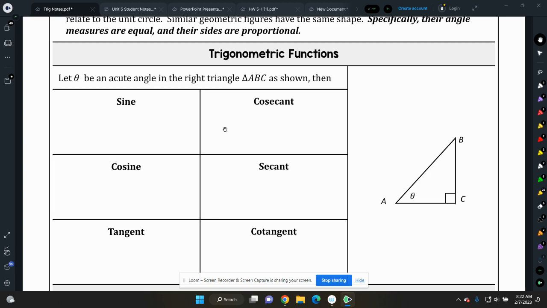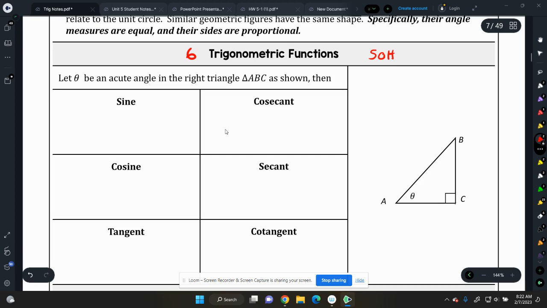Okay. So we have basically 6 trigonometric functions. 3 of them come from our SOHCAHTOA song. So the first one is sine, not sin, sine, right? So the sine of the angle equals the opposite over the hypotenuse.